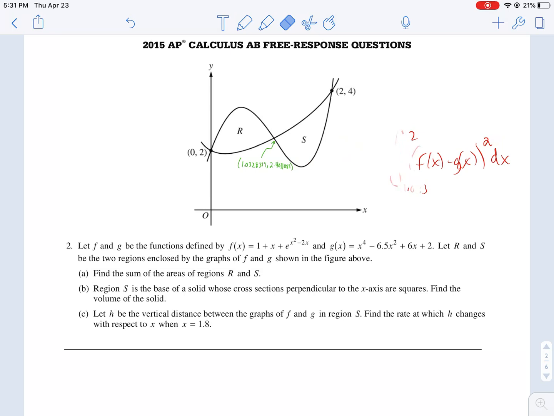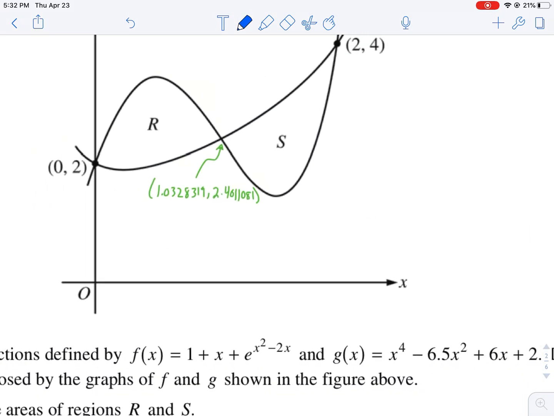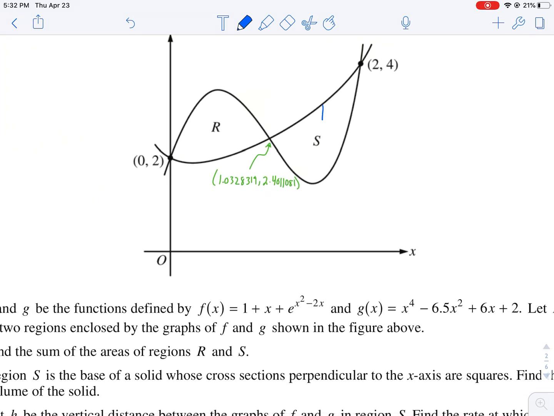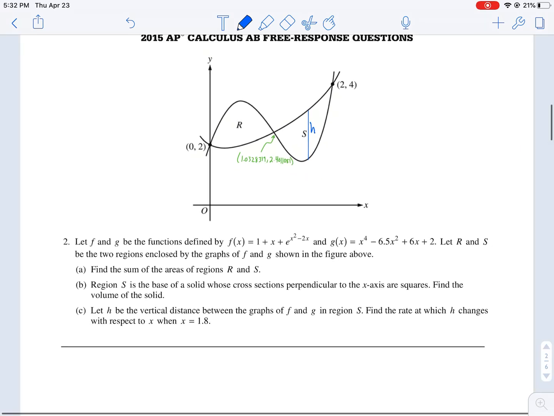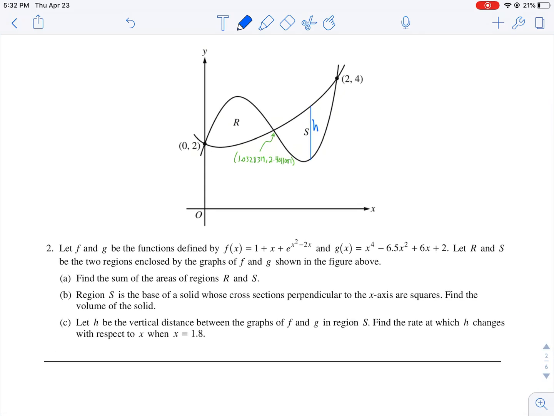Part C, it says let h be the vertical distance between f and g in region S. So this is similar. It wants us to find the rate at which h changes with respect to x. So h is just this length right here. That is simply the top curve minus the bottom curve, so h equals f of x minus g of x.